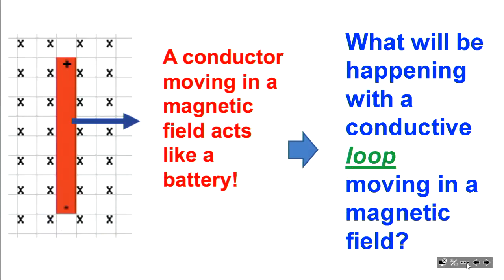Okay, so we know that when we have a conductor traveling in magnetic field, it starts acting like a battery. What's going to happen to a closed conductor? A closed conductor has a name, a loop. What's going to happen if we have a loop traveling in magnetic field?